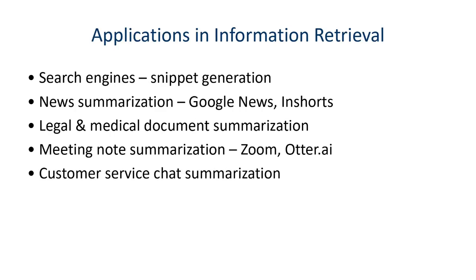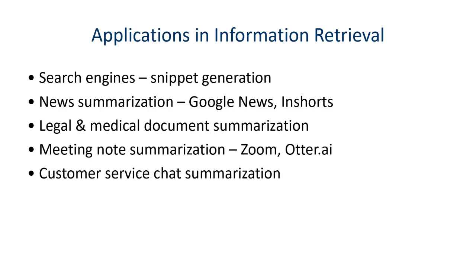Text summarization has many practical applications. Search engines use it to display short snippets below search results. News platforms like Google News and InShorts use summarization to give brief overviews of long articles. In healthcare and law, summarization helps professionals read through complex documents quickly.